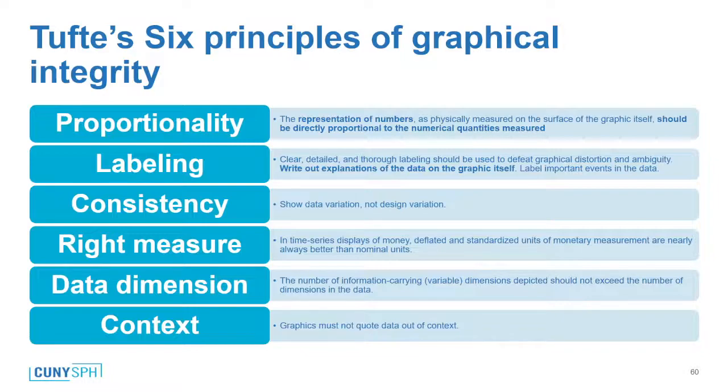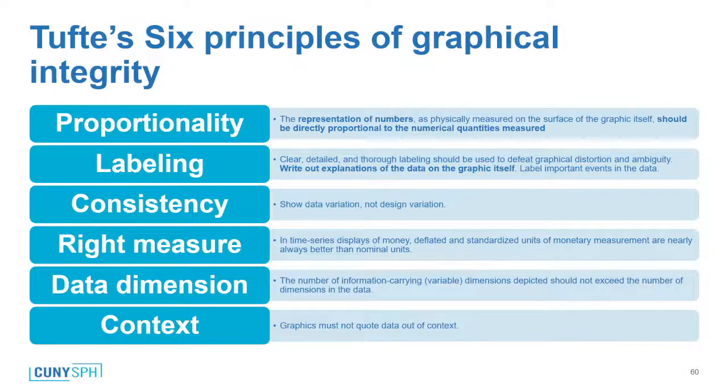We need to be sure why we're using them, and not just because we want to create a false difference or hide a difference, but really that we are using the right proportion to display the data in the best way that we can interpret. And that's what this says.